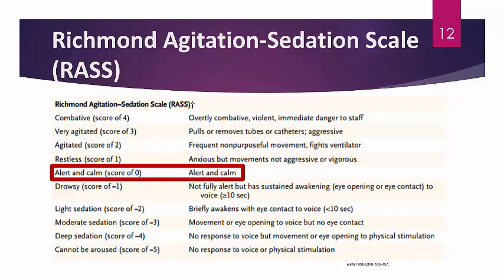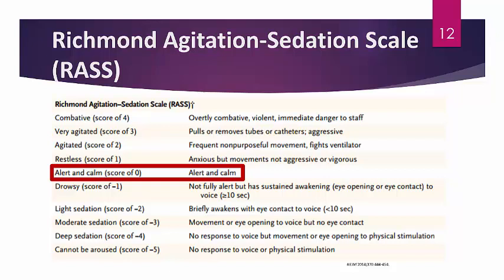So ideally, we want patients alert and calm, or people in general alert and calm. However, patients may actually become a little bit more agitated or restless, and they may develop scores of +1, +2, +3, or +4, depending on if they have any factors in that pain, agitation, and delirium triad that we talked about earlier. And as a result, those may be indications for patients to be sedated.